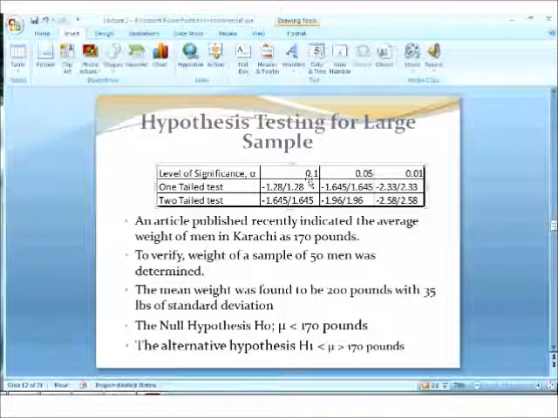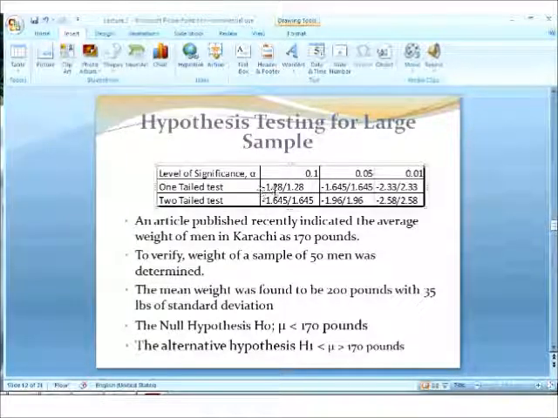When we say significance level 0.1, which means 10%, we are allowing 10% error in our decision. We are 90% confident about our claim. 0.05 means we are allowing 5% error in our decision, and we are 95% confident about our claim. And 0.01 means we are allowing only 1% error, and we are 99% confident about our claim.